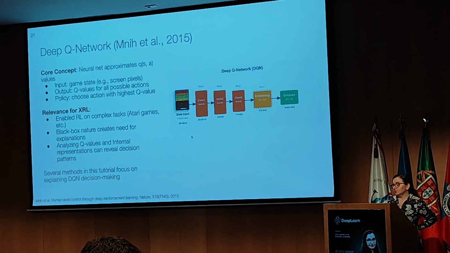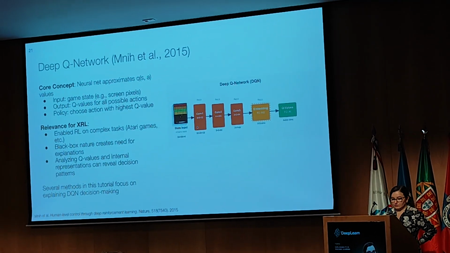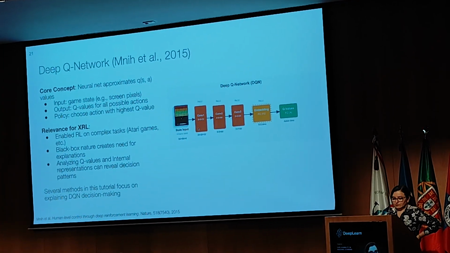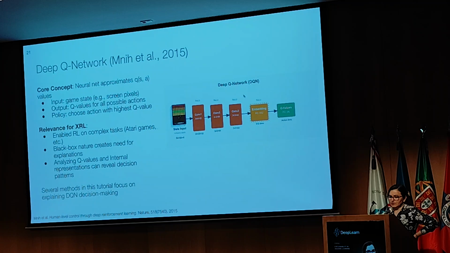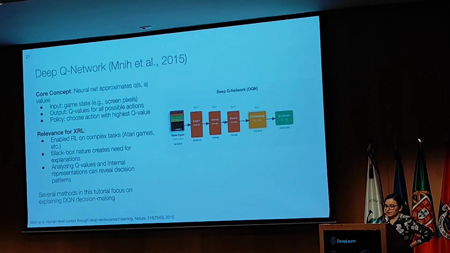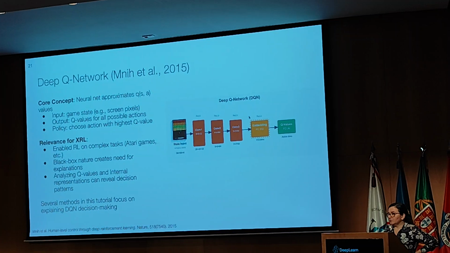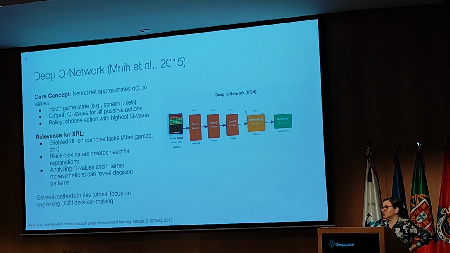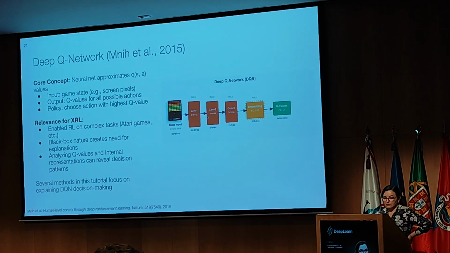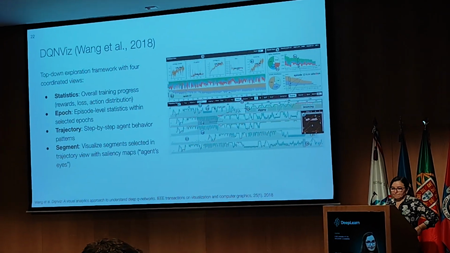We would like to know what each component is learning. And some of the methods that I talk about today use this DQN architecture. Some of them might be deeper, but this is like the vanilla Nature paper.